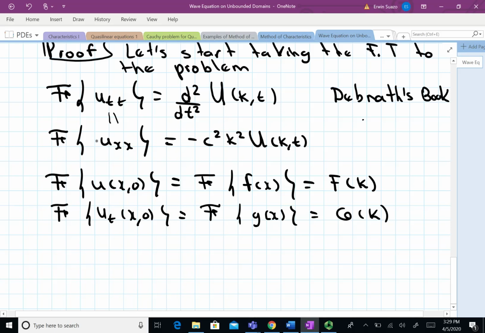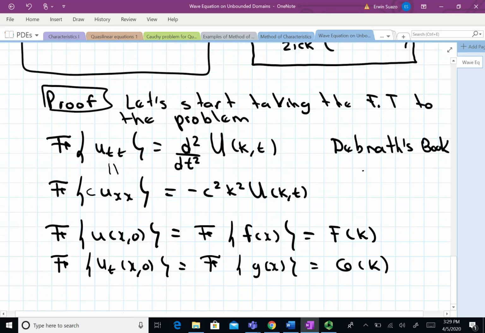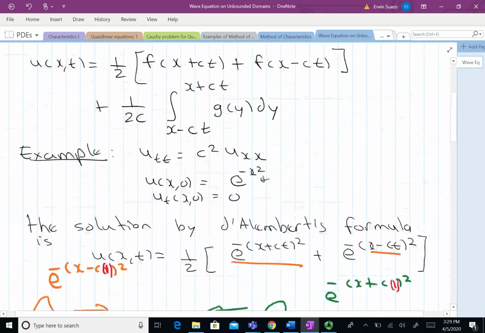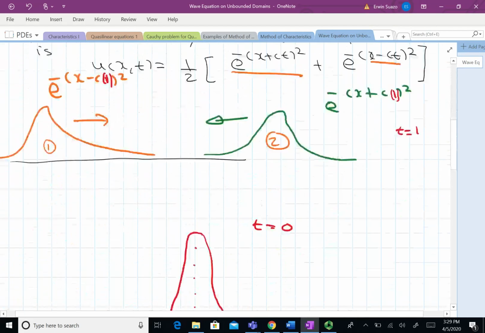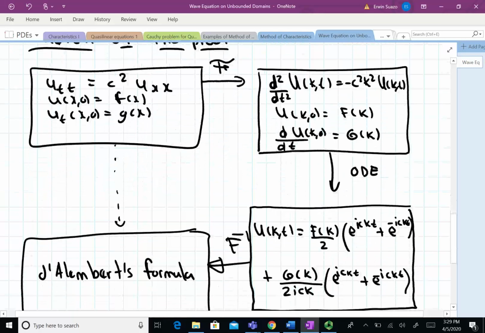Oh, sorry, here I should put c squared. Is that c squared or no? Let me see. c squared, yeah. I put c squared, so let's keep putting c squared.